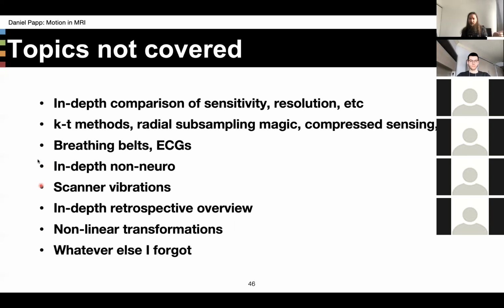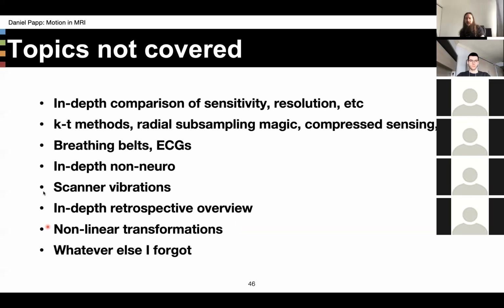There are a couple of really good papers on it. I didn't go all that in depth into retrospective or prospective, to be honest. I don't think I mentioned at all what you do with non-rigid transformations. All of these methods assume that the thing you're imaging is rigid, at least at the time you're acquiring it. And I'm sure I forgot something else.